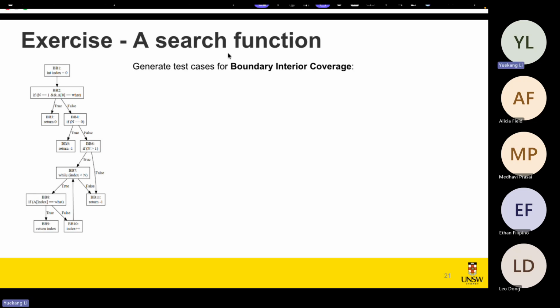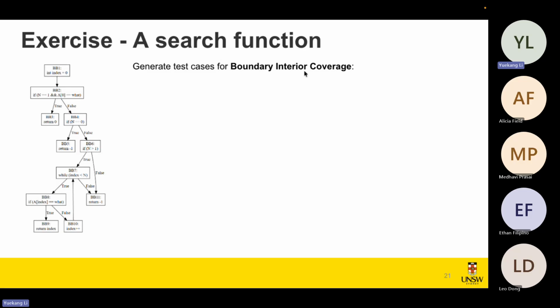And now let's try to practice what we have just learned for the path partitioning here. So let's think about this search function we used in our last lecture. Remember the functionality of this search function. It takes a string as the first input, A here, and it also takes the length of the string, and it takes a target character, and it returns the position of that character inside the string.